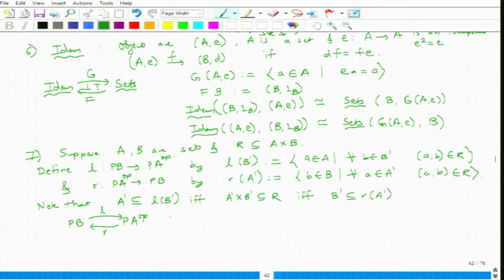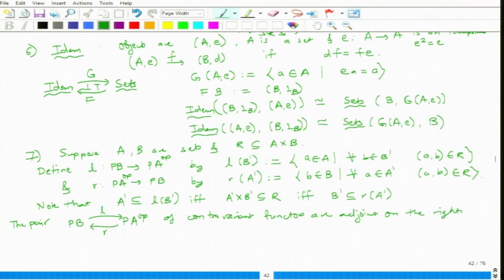So we say that this pair of contravariant functors are adjoint on the right. Both of them appear on the right, so we say that they are adjoint on the right.